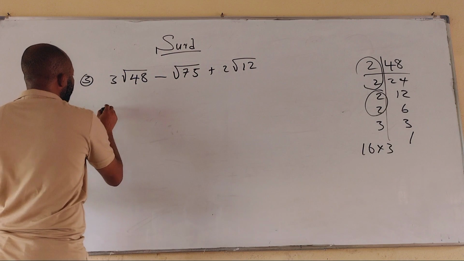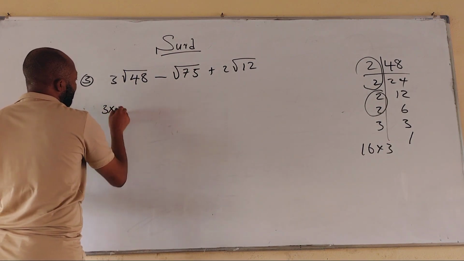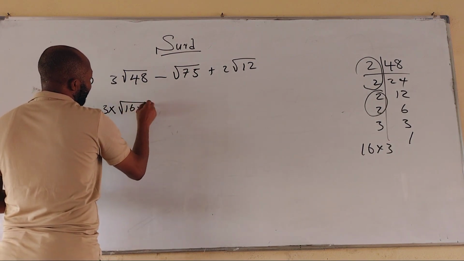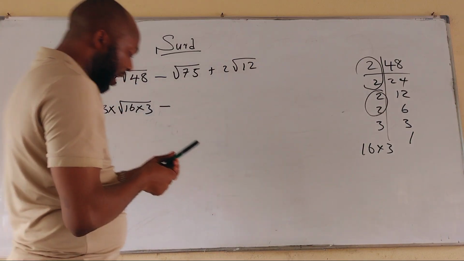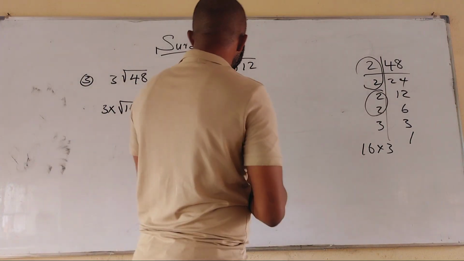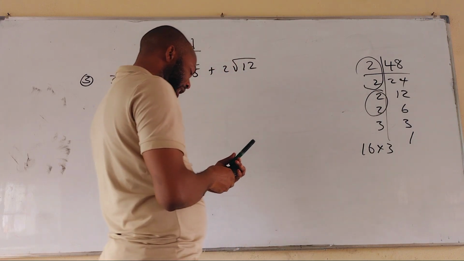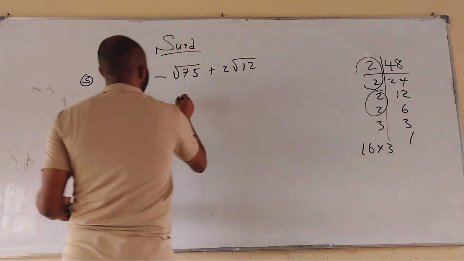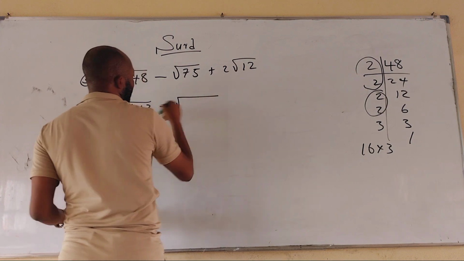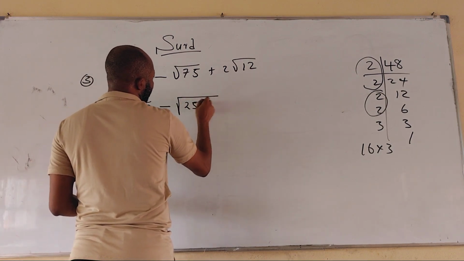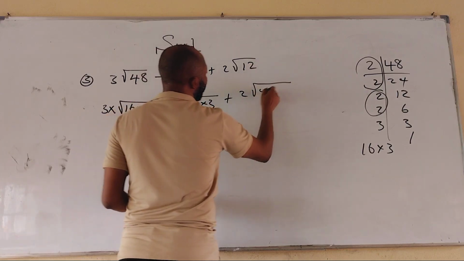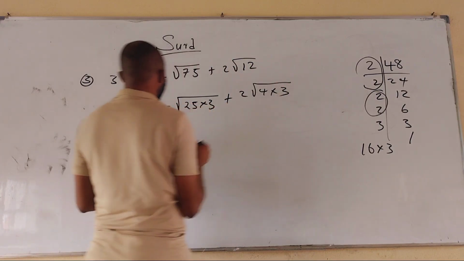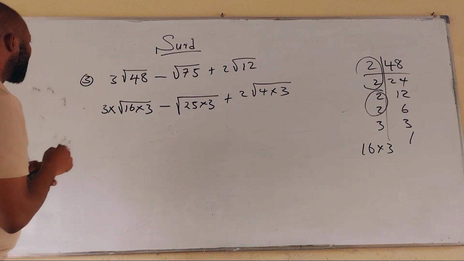So we come here and say 3 times root of 16 times 3, minus 75, which is 25 times 3. I've done this just in the previous example. Plus 2 root 12, which is 4 times 3, will give us 12. So I want to break that down.